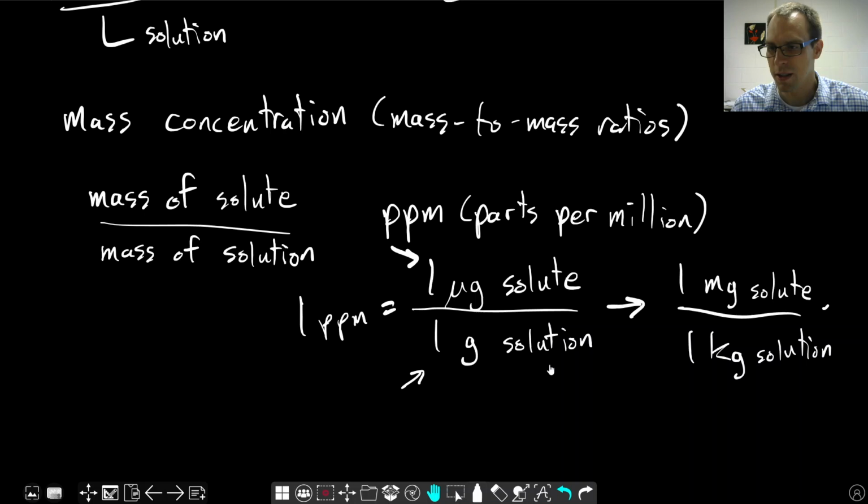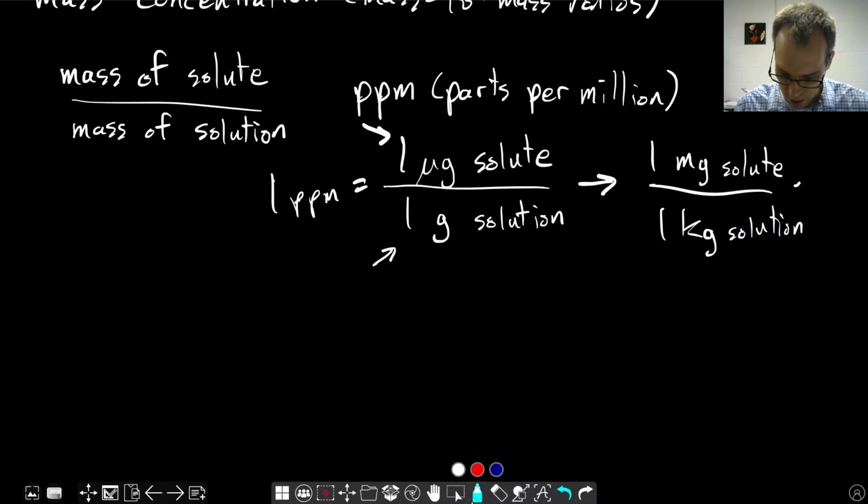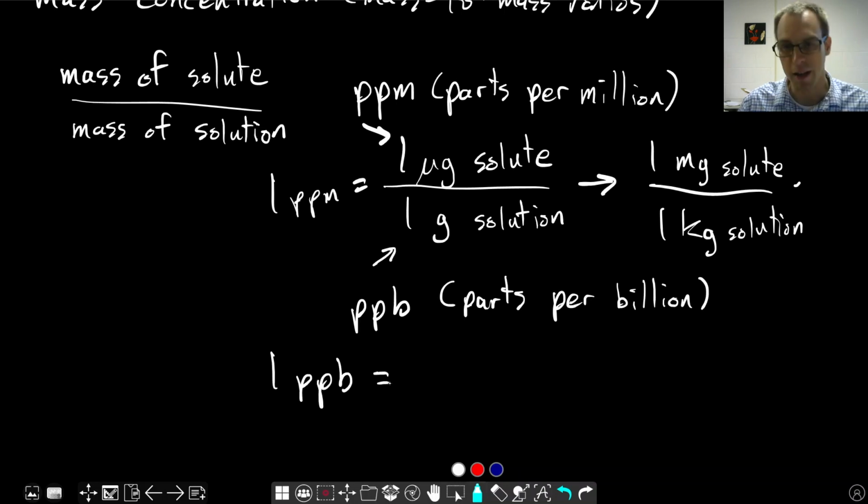A related unit that's an even smaller concentration is parts per billion, ppb, which is the same idea. It's a mass to mass ratio, but instead of breaking the solution up into a million pieces, we break it up into a billion pieces, and one of those billions is your solute, and the rest is solvent.